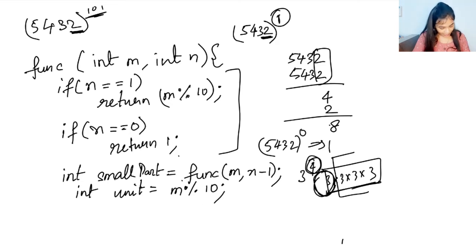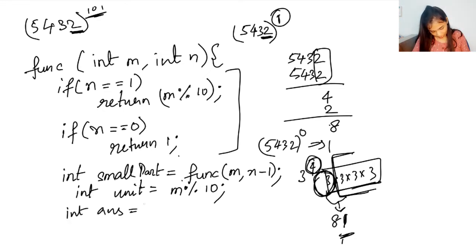So we got this 3 and we got this. Now what are we going to do? We are going to multiply these two and we're going to get some final answer. Of that final answer, let's say my answer is 81, right? So for the final answer, we just need the unit digit. So we're going to multiply them.